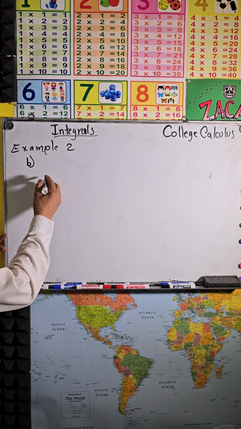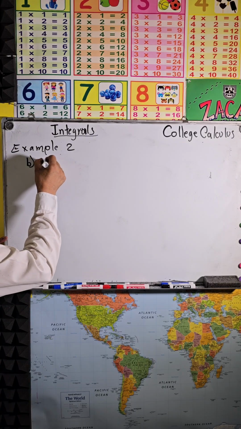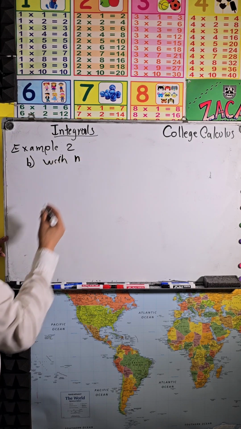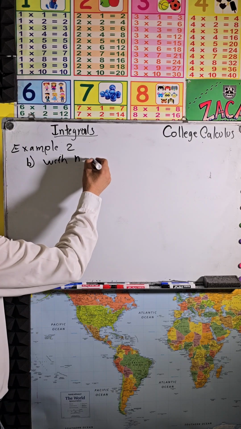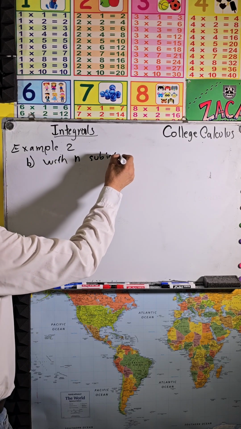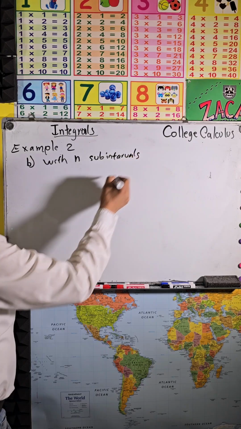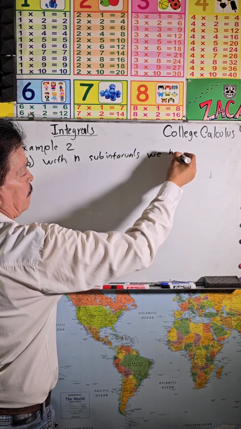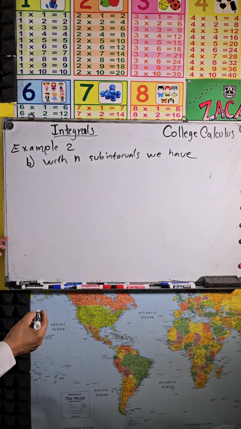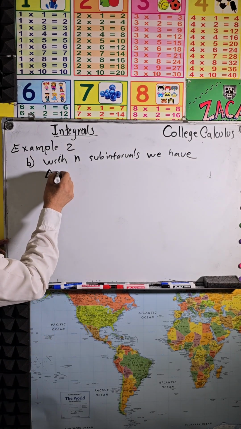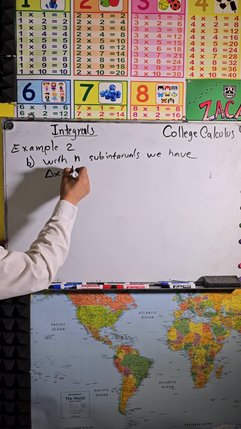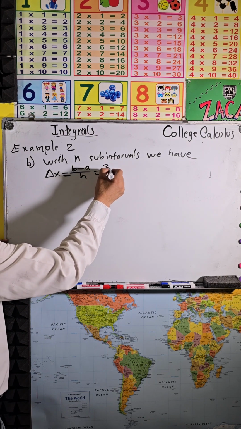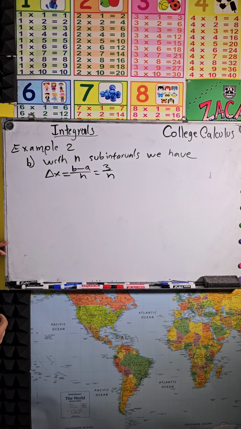Here, remember B? Let me write. With n subintervals, we have delta x equals (b minus a) divided by n equals 3 divided by n. All right.